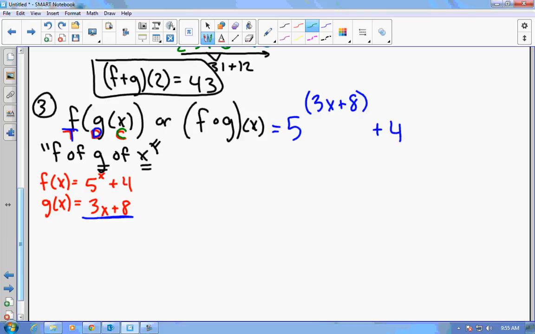Are there any like terms? It's just a constant. It's adding 4. It's right here in the equation. Well, I can put it closer if you want. It just needs to be after the exponent.